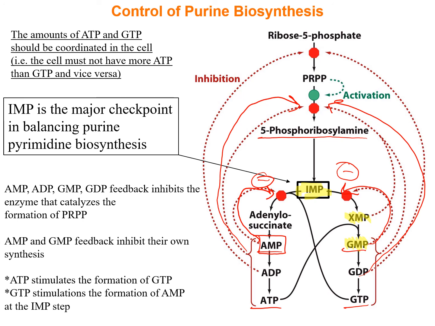This is reaction number 3 in the pathway. So ADP and GDP inhibit that step where PRPP gets activated through the glutamine molecule. And by the way, PRPP, phosphoribosyl pyrophosphate, feed-forward activates itself. This is called feed forward activation.